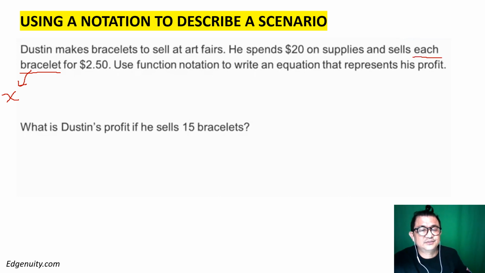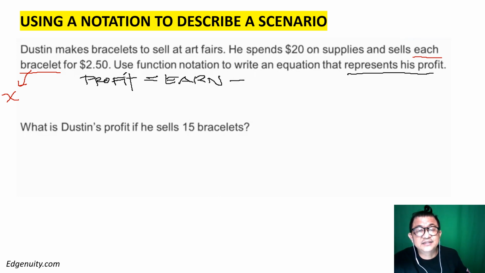So let's write this down. We want to know the profit. Profit is always the result of whatever you earn, subtract the expenses. At this point, we don't know yet how much he earned. But what we know is that his earning depends on the number of bracelets.